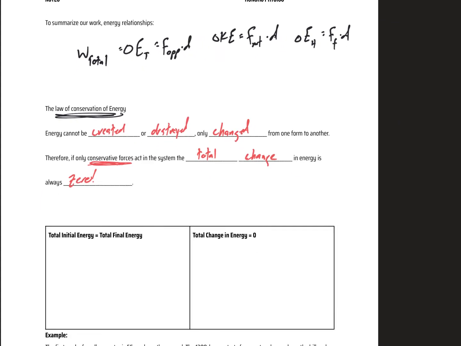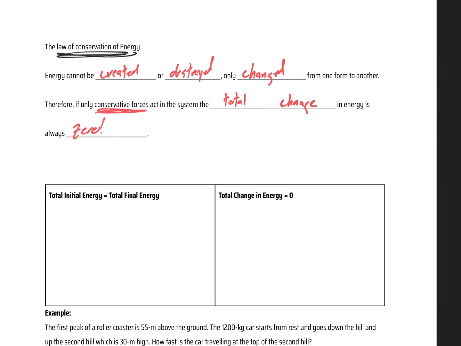So what that means is we have a way to write that equation-wise. We have the initial kinetic energy of the system plus the potential energy is equal to the final kinetic energy plus the final potential energy.